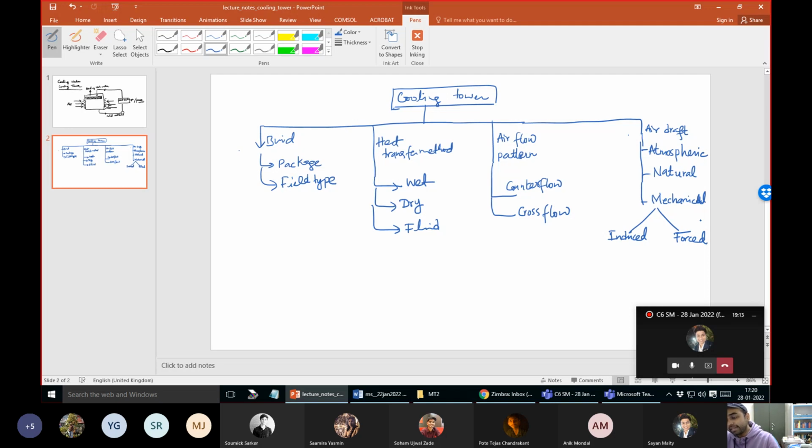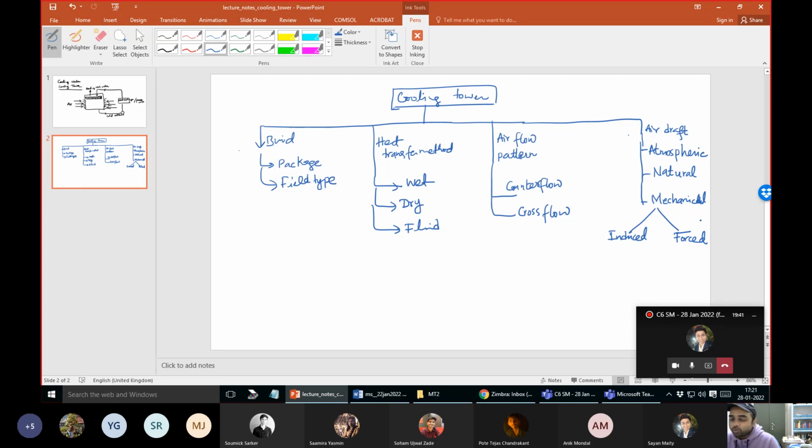In the fluid type, again, similar things happen. What you generally do here is that the water comes in contact with a cold surface or a cold environment, or passes through a cold tube, and these tubes are cooled by another set of cooling liquids, right? Or these cooling surfaces are generally cooled by another set of fluid.